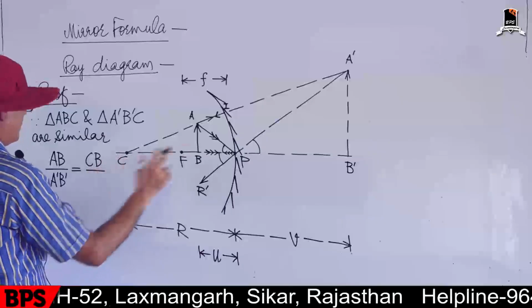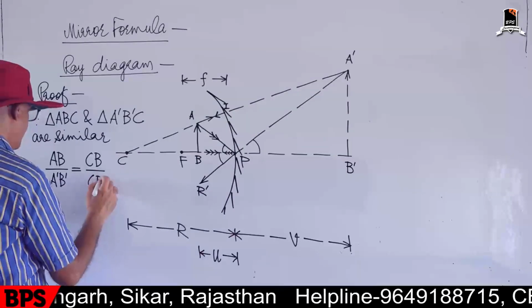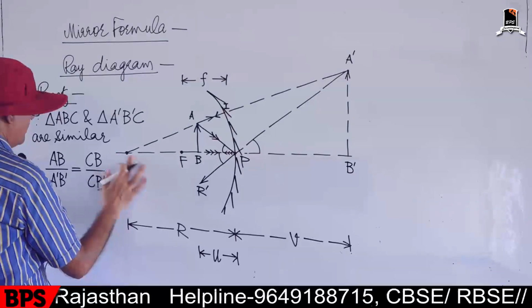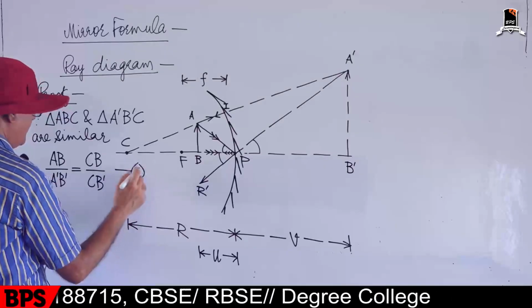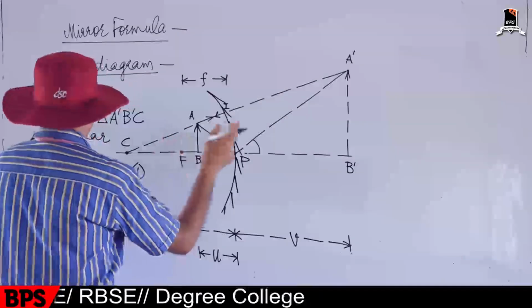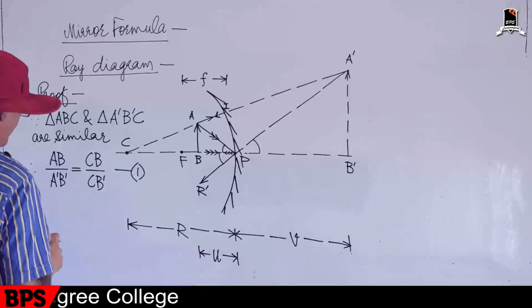CB by CB dash. So this is the first equation from these two similar right angle triangles.